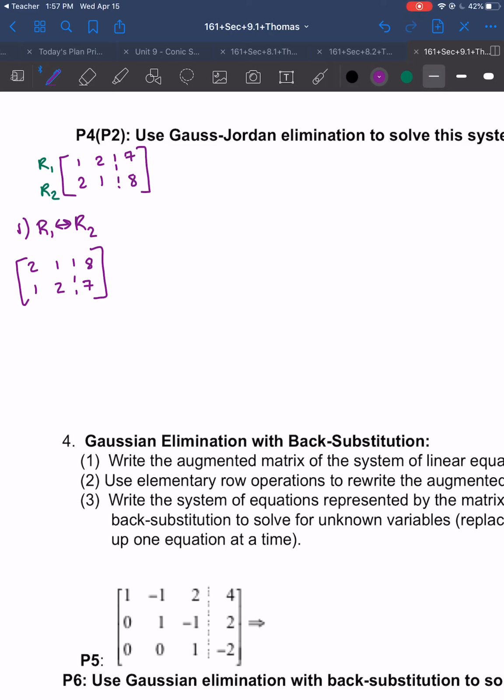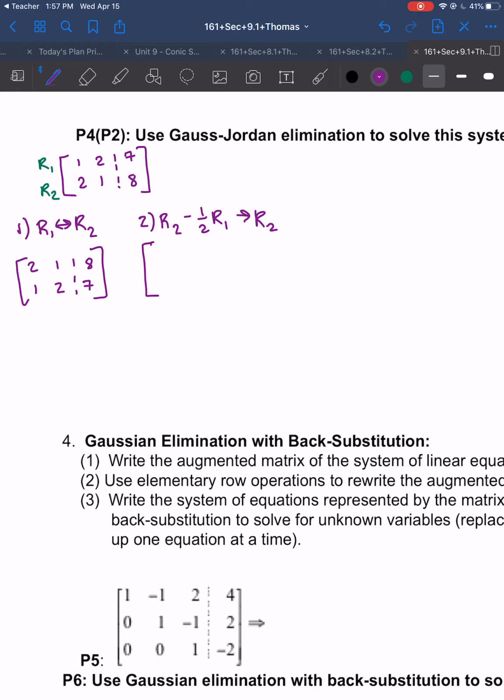And then the second step would be to take row 2 minus a half of row 1, because I want this entry to be a 0. And how do I get that to be a 0? I do this, and then I put it where row 2 is.